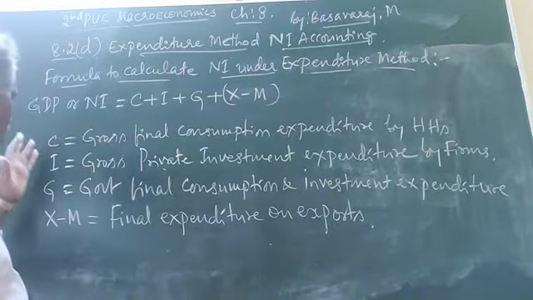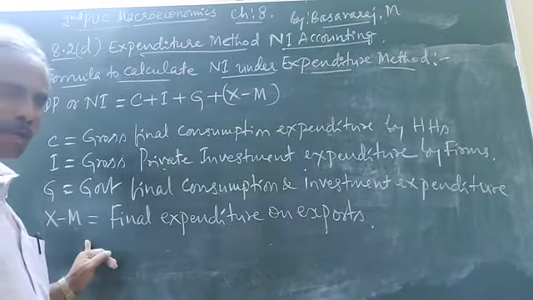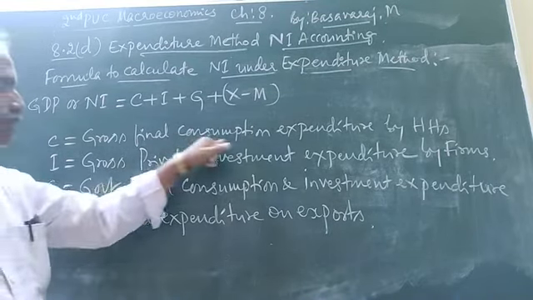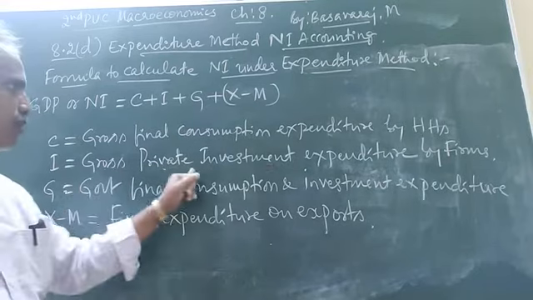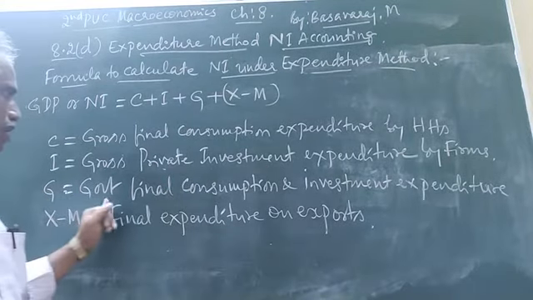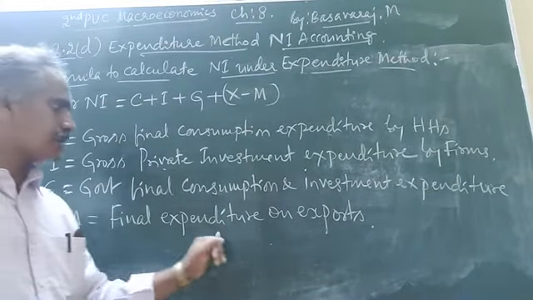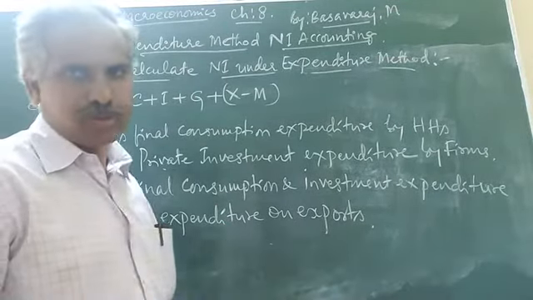This is what is C, I, G, X minus M. Here C is gross consumption expenditure, I gross private investment expenditure, G government final consumption and investment expenditure, X minus M final expenditure on exports.